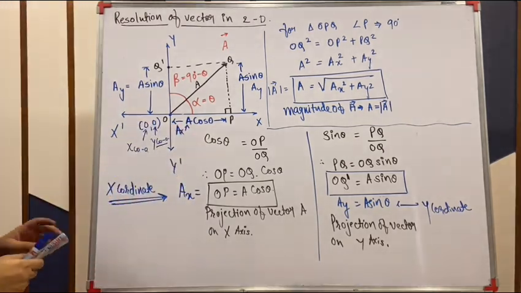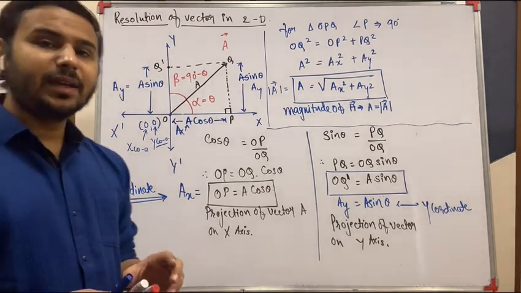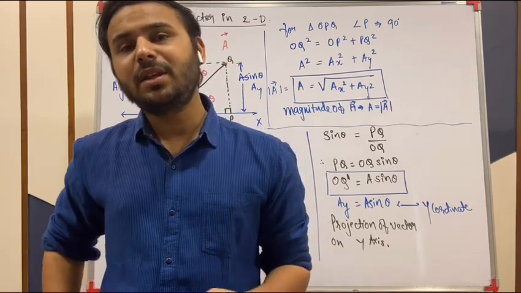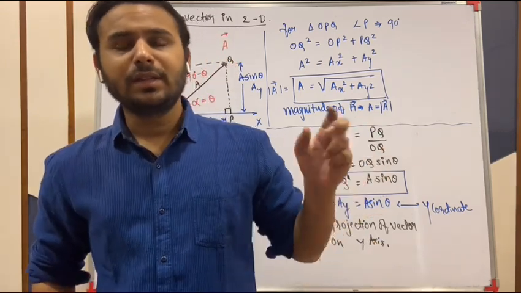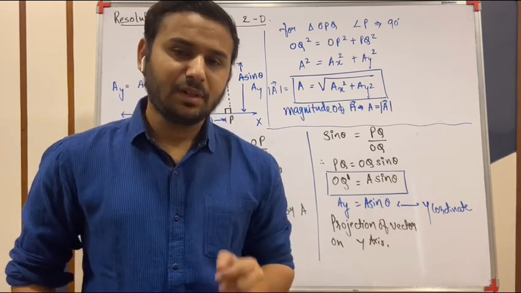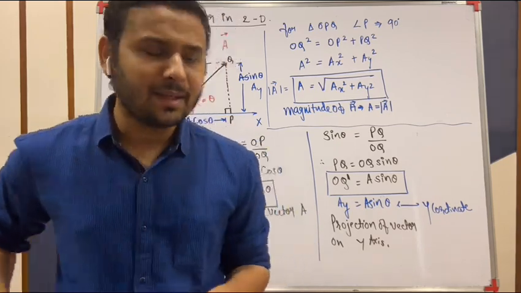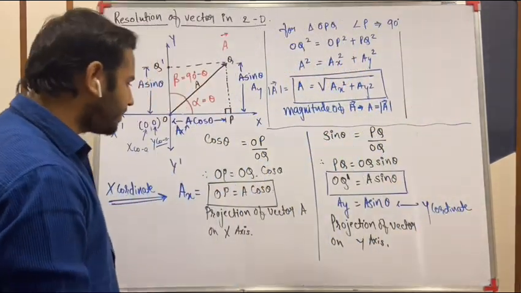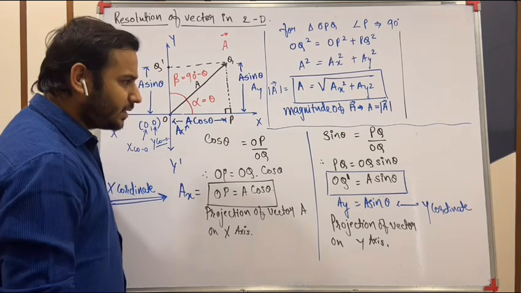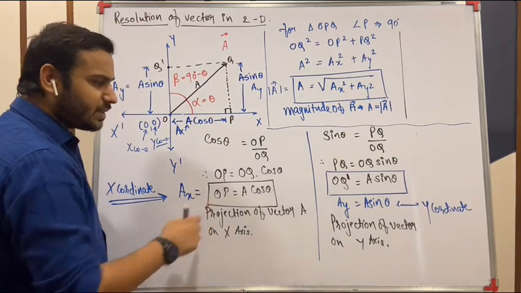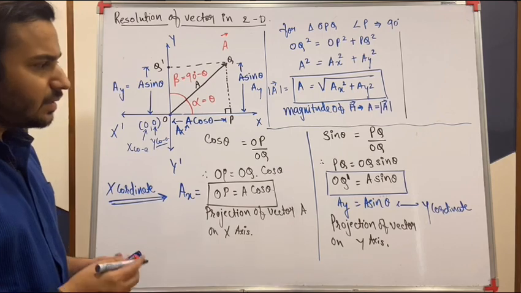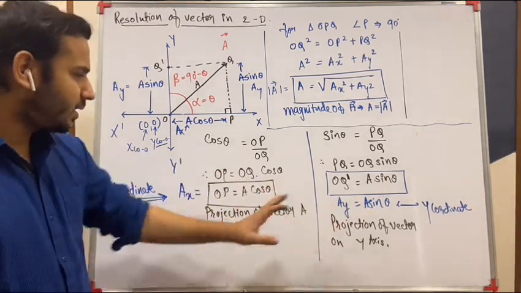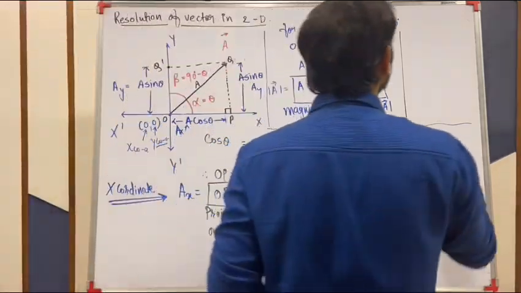Okay, now the slope of the vector, or you can say the direction of the vector. If you remember, I explained in the basic maths bridge course that tan theta is the slope for any line. So here, AX is A cos theta and AY is A sin theta.